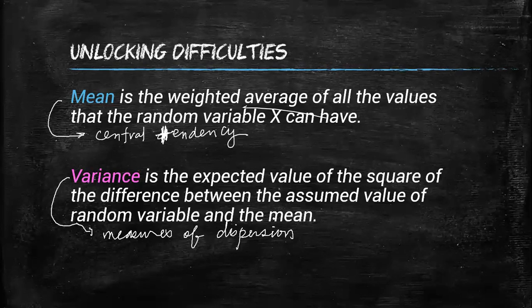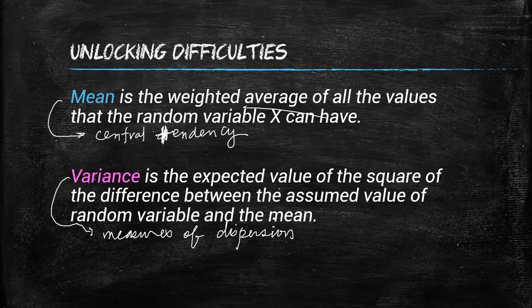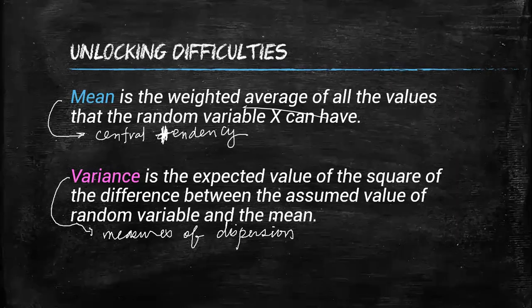So, variance will tell us how diverse or how wide the difference is between our grades, or how scattered our grades are. For example, say the average of two students is both 90, but their dispersion or variance is different.